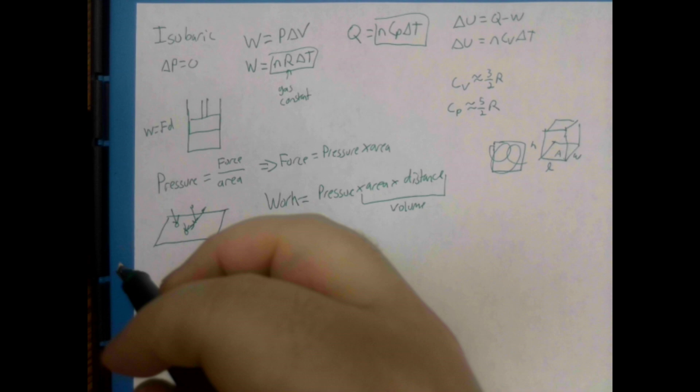And we end up with volume over temperature is equal to some constant. So initial volume divided by initial temperature is equal to the final volume divided by final temperature. This is known as Charles's Law.